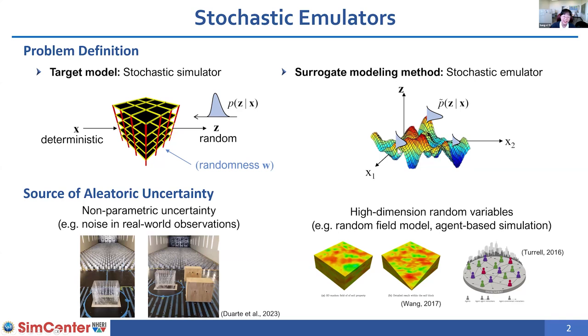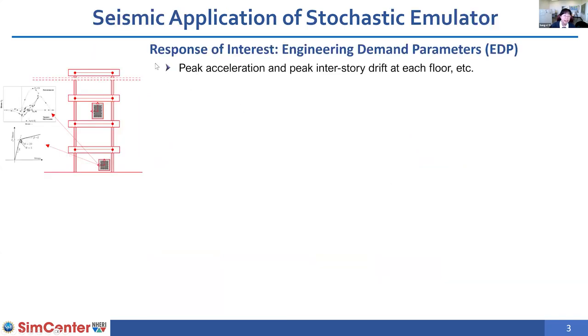It can be non-parametric uncertainty if you are surrogating using real-world observations, but it can also be high-dimensional random variables used as input of your model, for example, a random field. You don't want to use this random field as the input of the surrogate model, sometimes because it's so high dimensional. So you just want to let it propagate to your output value and try to capture it on the output side. The seismic application that I want to present today is an example of the second case.